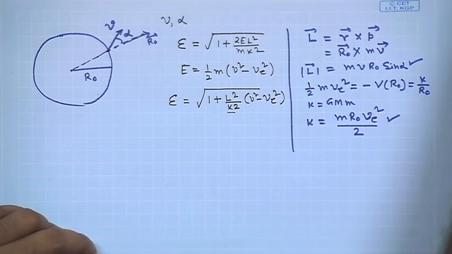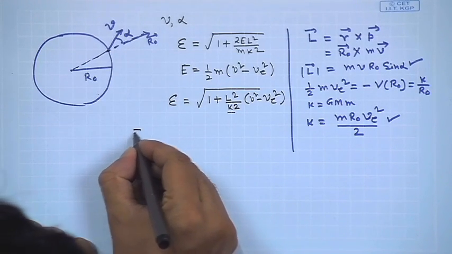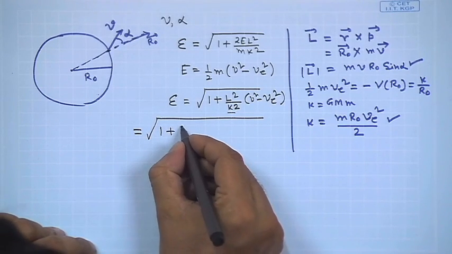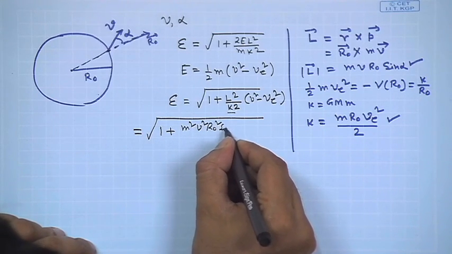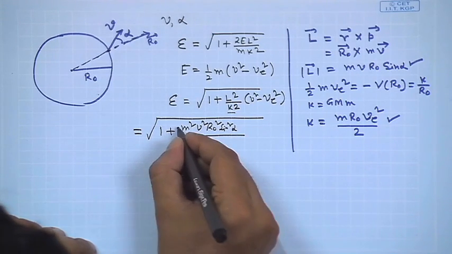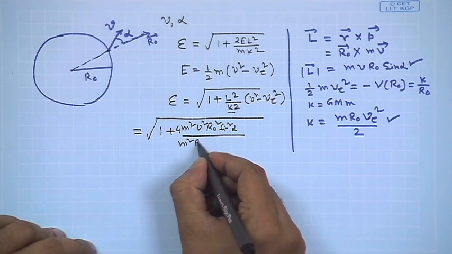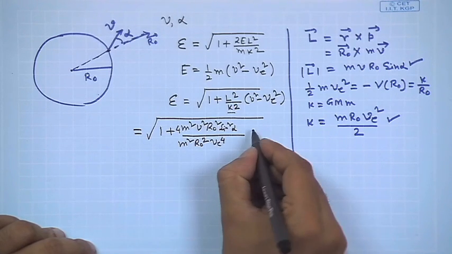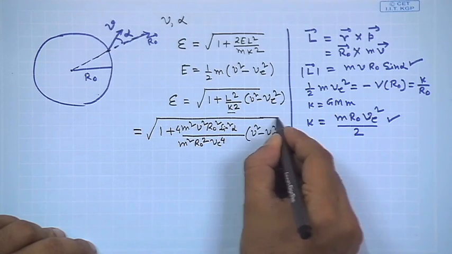Now, we substitute this back into the equation here, and we can write the expression for eccentricity as 1 plus m square v square r0 square sin square alpha divided by m square r0 square v e to the power 4, with the 2 going up as 4, and we have v square minus v e square.